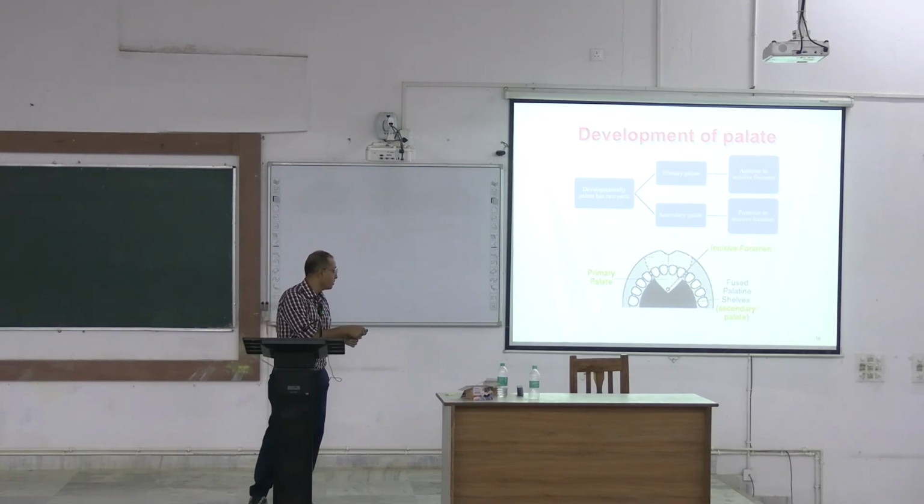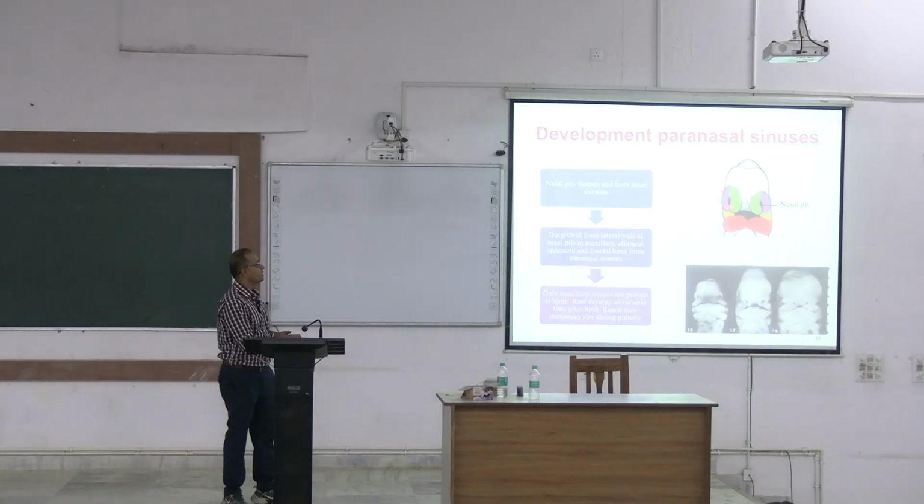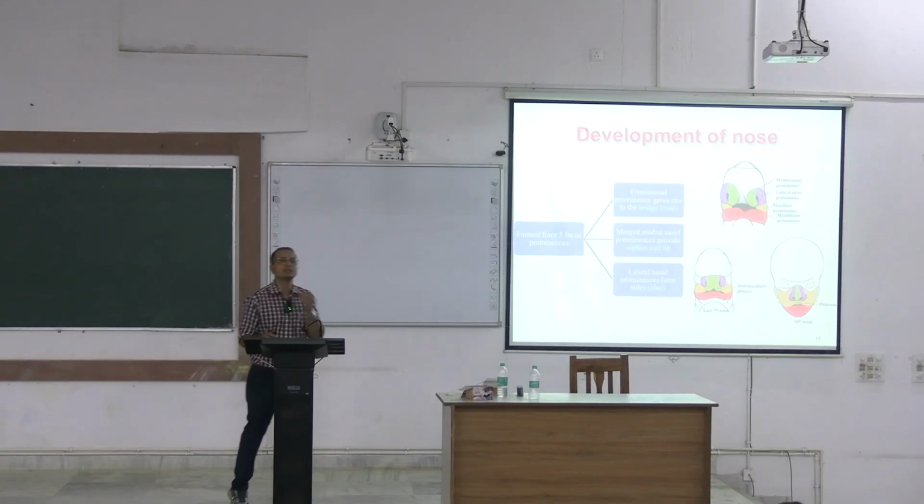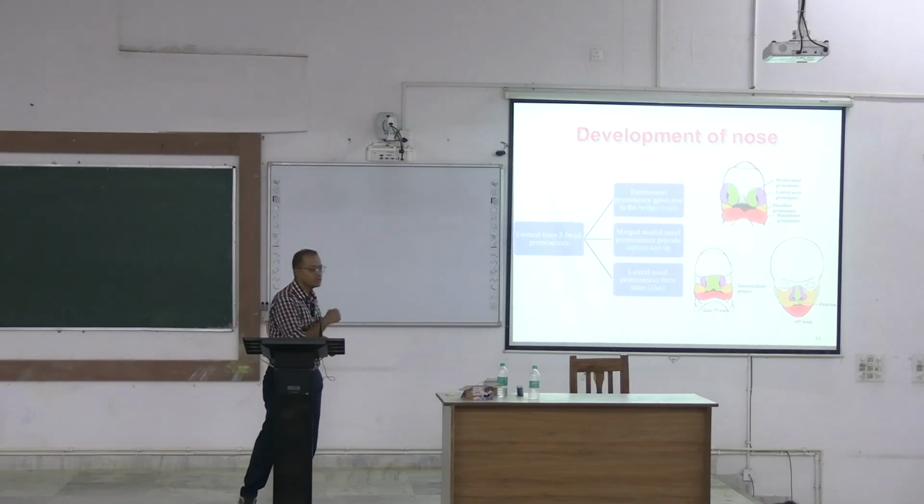This triangular hard palate is known as the primary palate, and is sourced from the medial nasal prominence. The fusion of the medial nasal prominences we give a special name, the intermaxillary process. You have to remember this name because in the MCQ, they sometimes give the medial nasal prominence and sometimes the intermaxillary prominence, one step ahead.